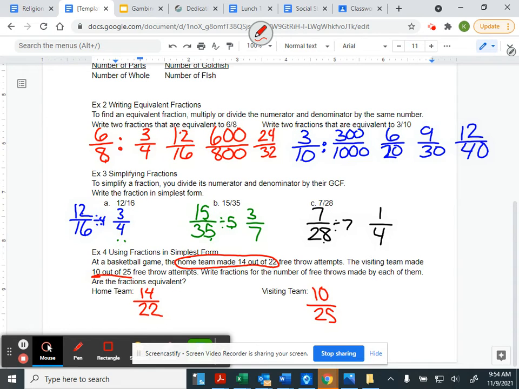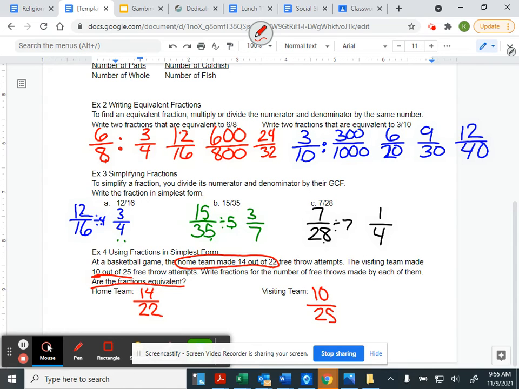So now I need to compare them because it's asking, are the fractions equivalent? How do I find that out? How do I find out if the fractions are equivalent, Zoe? What's the easiest way to see if they're equivalent?